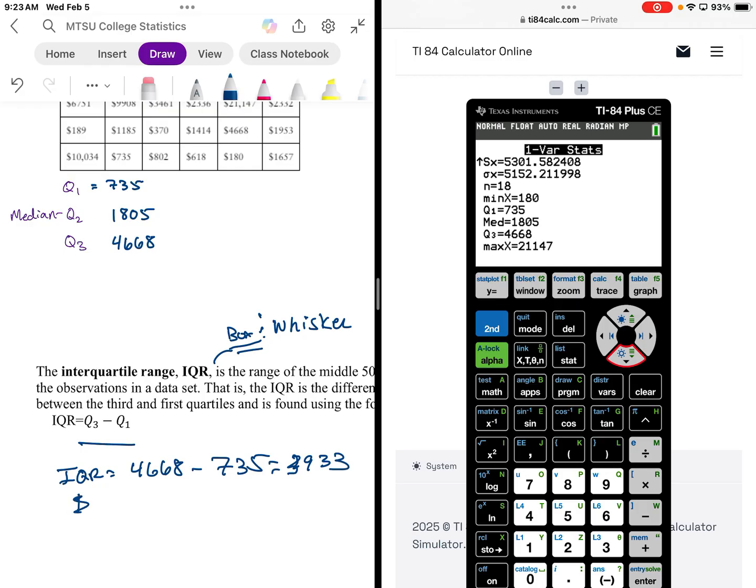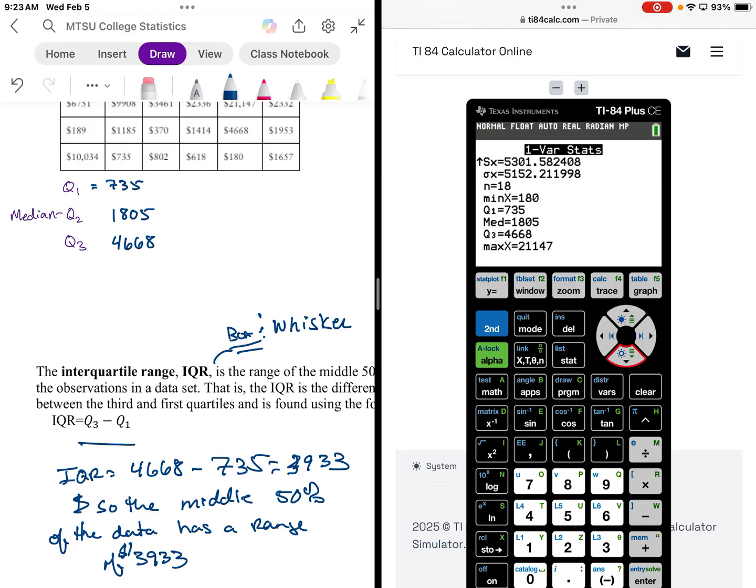So as an interpretation, we would say the middle 50% of the data has a range of $3,933.